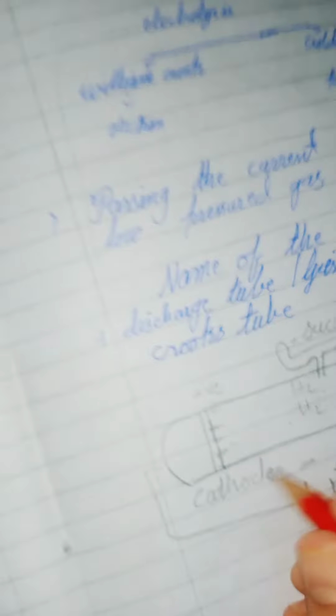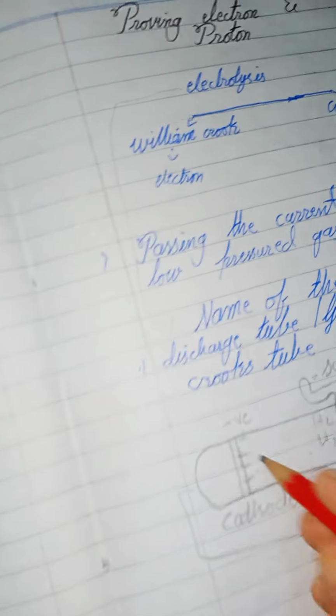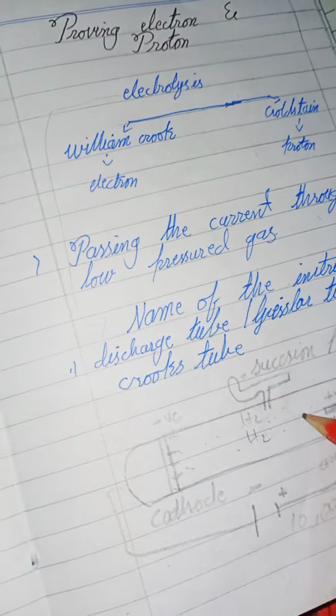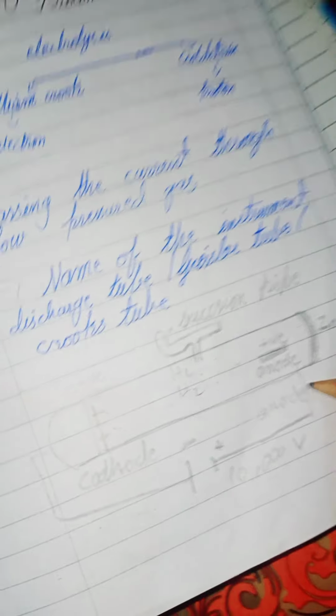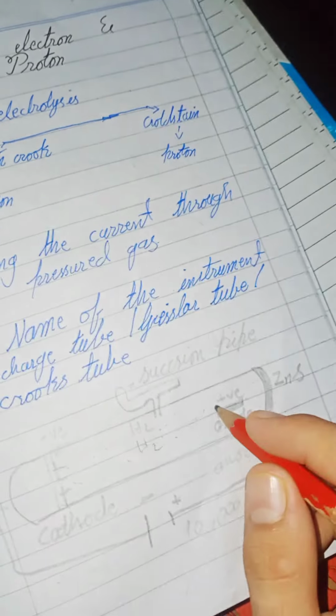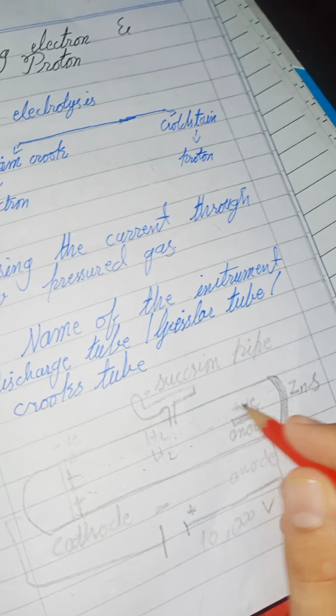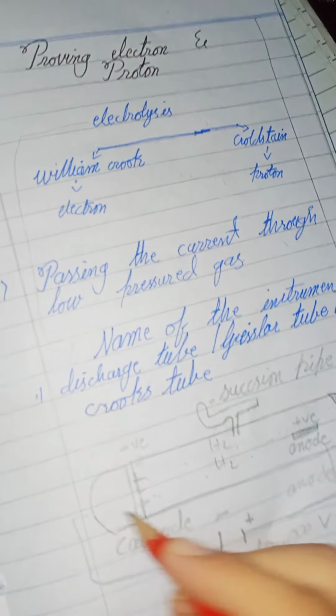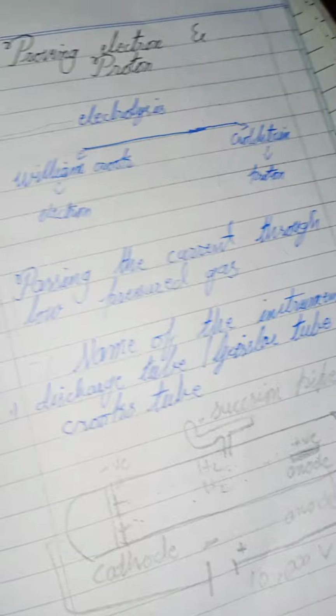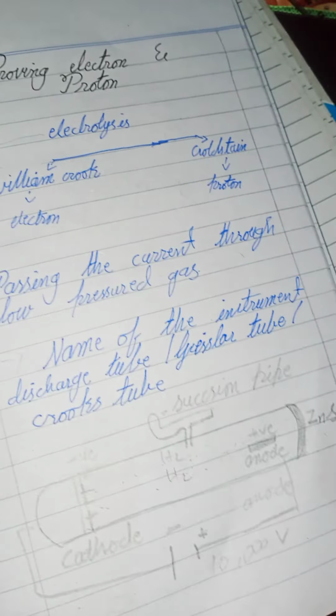So he made the conclusion that from the cathode some negative charges are moving to the positive side, and they are striking the zinc sulfide.